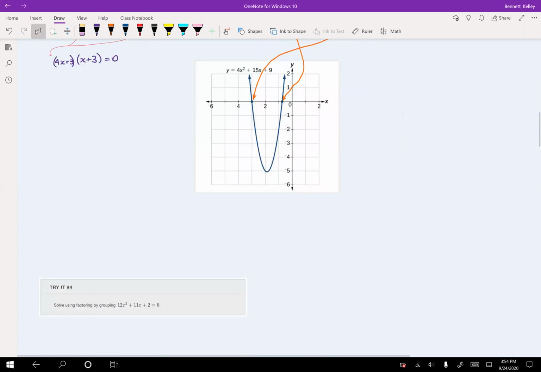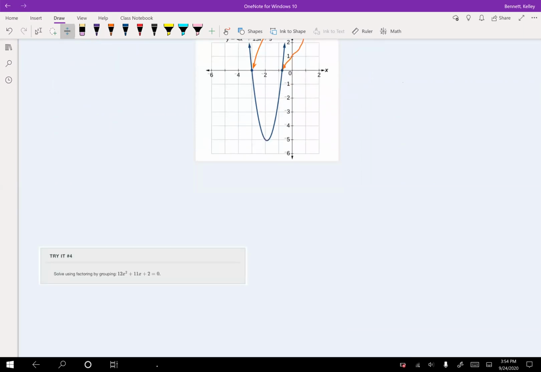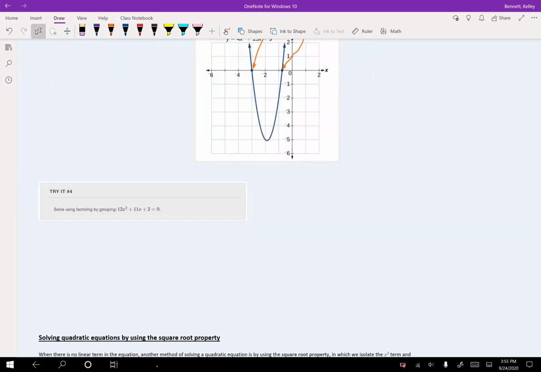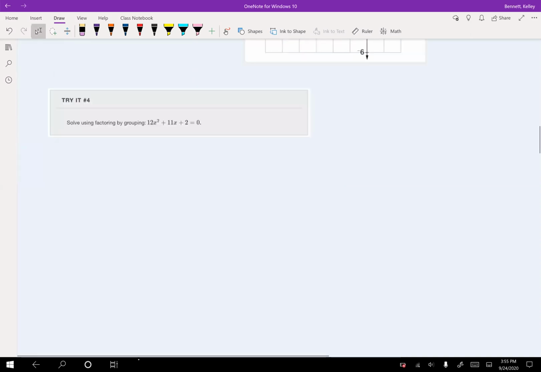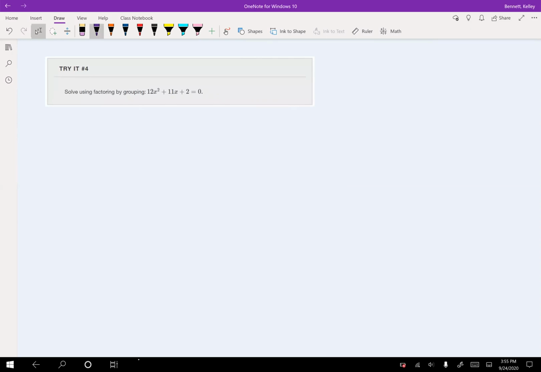So let's try another example with the same method. So remember that we have ax squared plus bx plus c equals 0. Let's take a minute to think about this really quick.